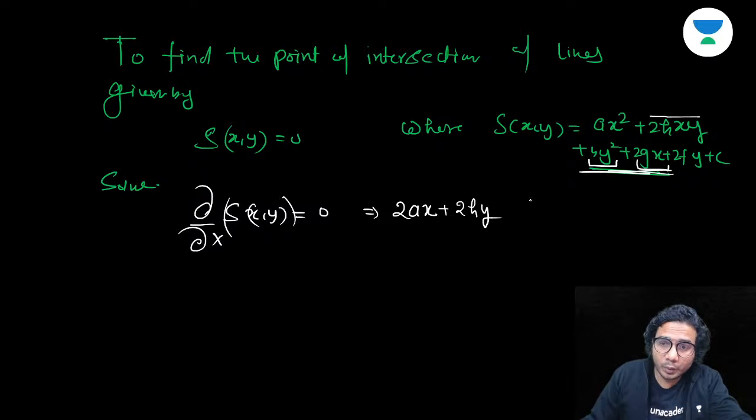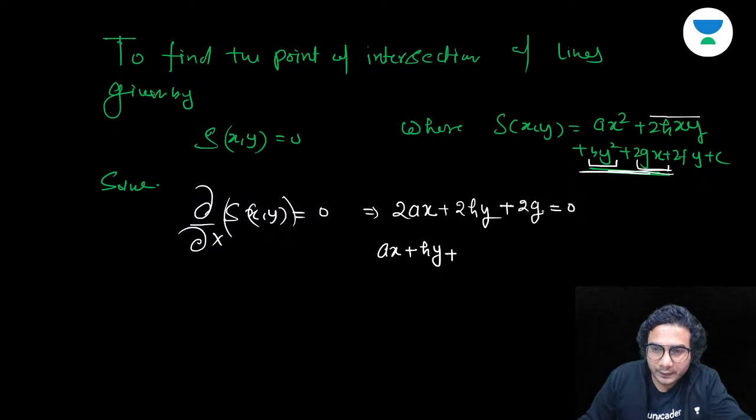Then differentiation of 2gx will be 2g. 2fy will be 0 and differentiation of c will be 0. So you'll get ax plus hy plus g is equal to 0, right? This is the first relation.